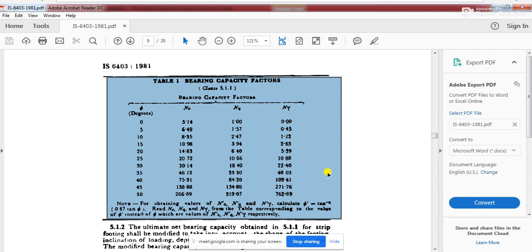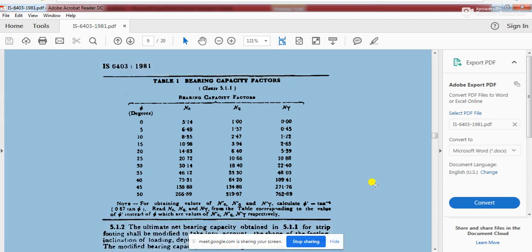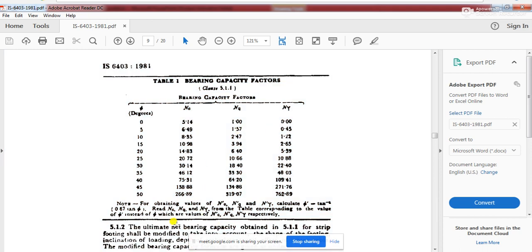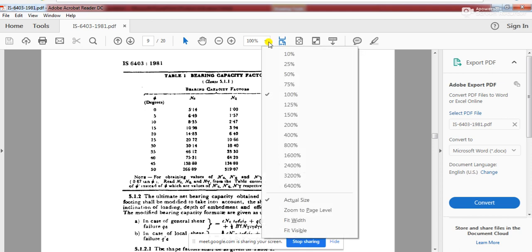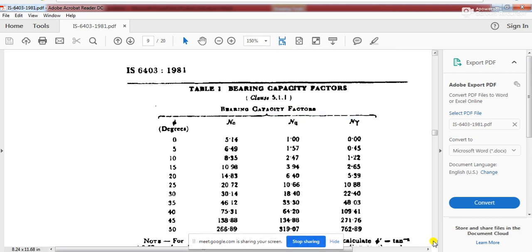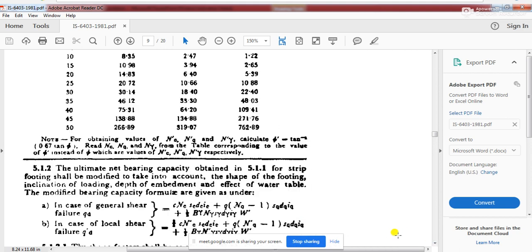Now you see in this table only, a note is given. This is very important, and this tells about the local shear failure and general shear failure. You can see here, for obtaining values of N_c', N_q', N_gamma', what are these?